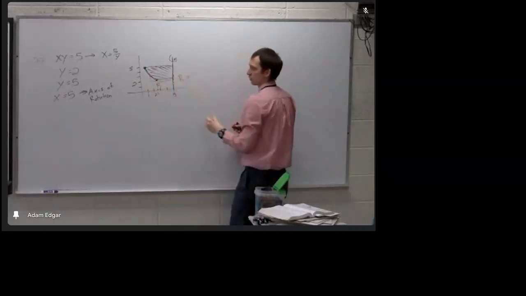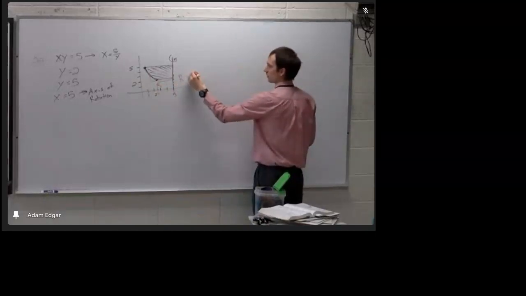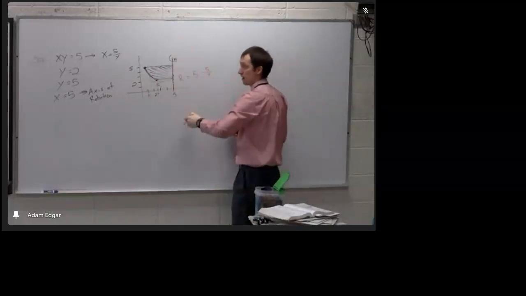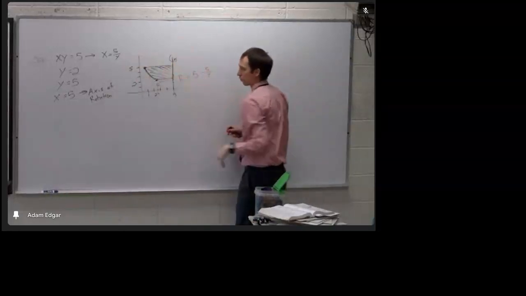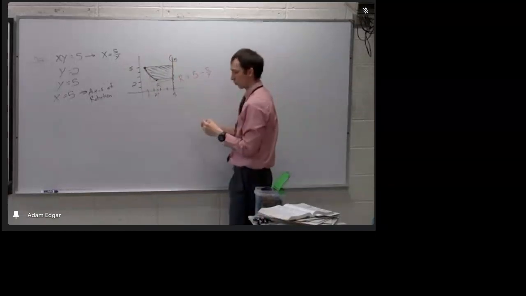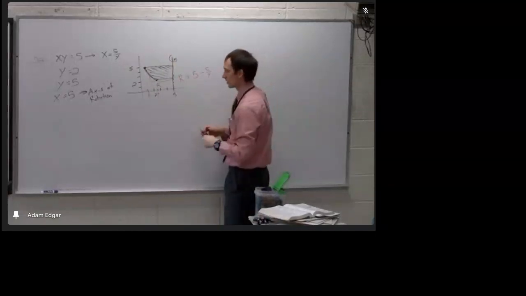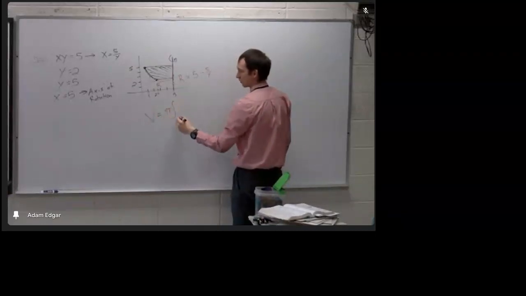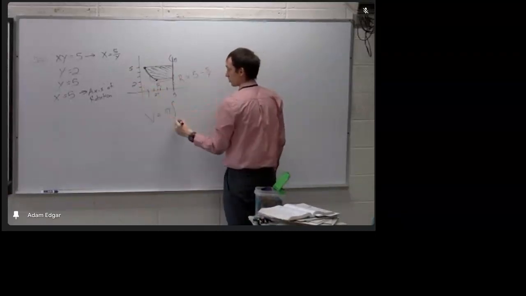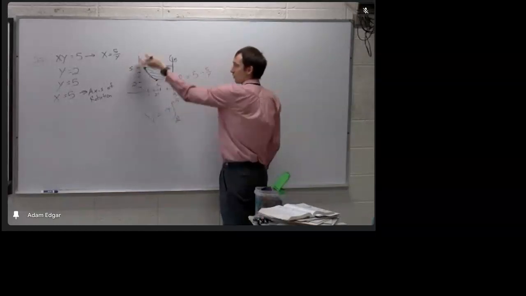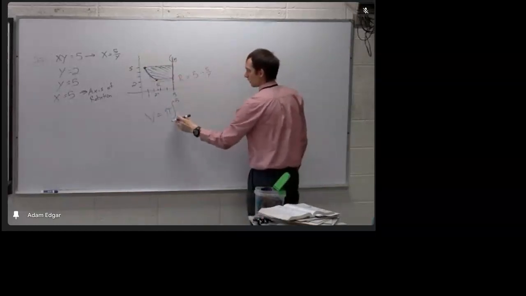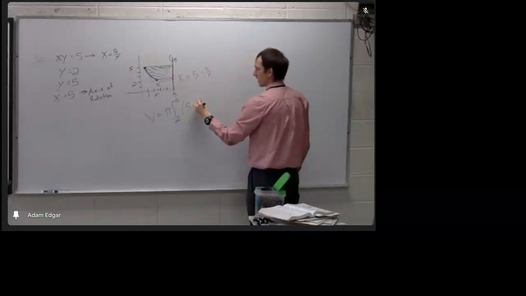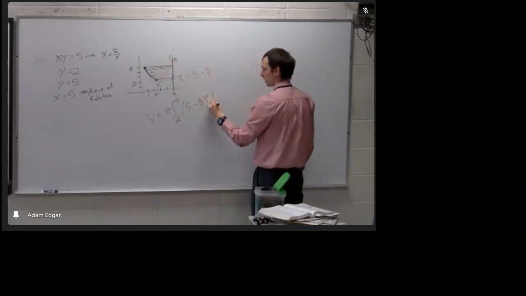Radius is going to be what? 5 minus 5 over y. So the axis of rotation 5 minus the curve 5 over y. So once you got that, put this together in your volume formula. Volume equals pi times the integral from 2 to 5 because you're going up the y-axis. And then r squared is (5 minus 5 over y) squared, and then dy.